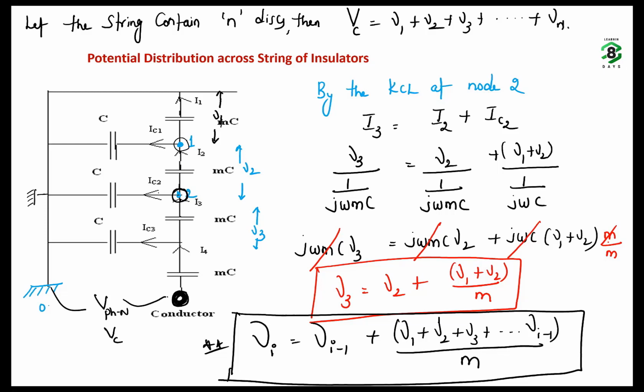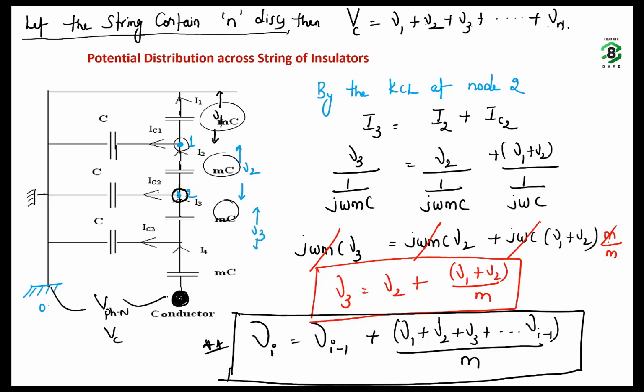Remember this one. So if our string contains n disks, then the voltage of the conductor with respect to ground is the sum of the voltages across all individual disks.